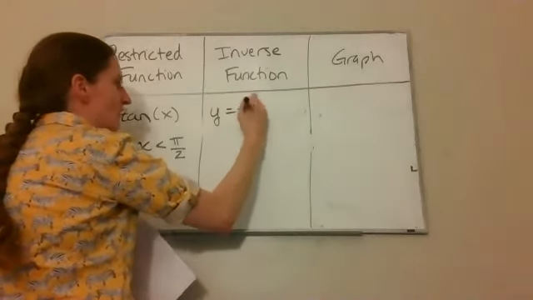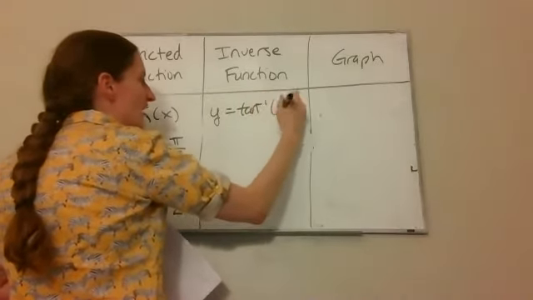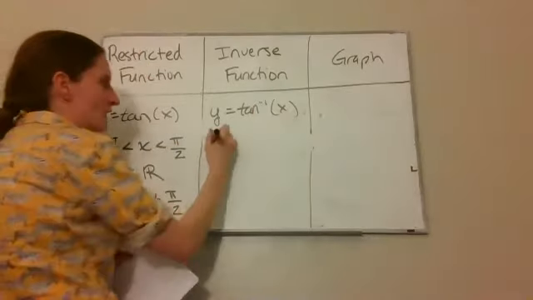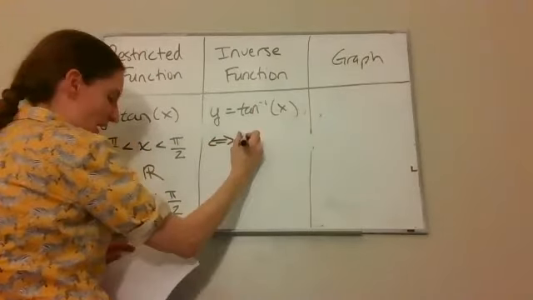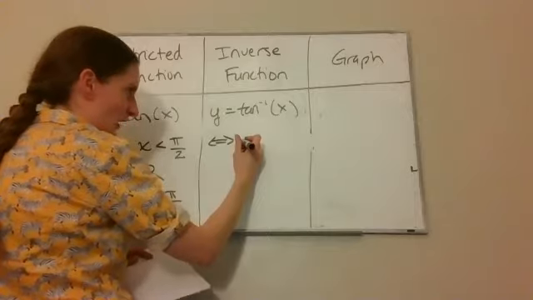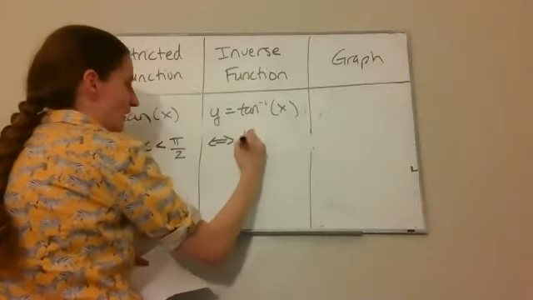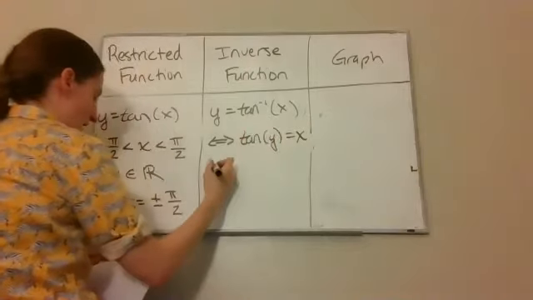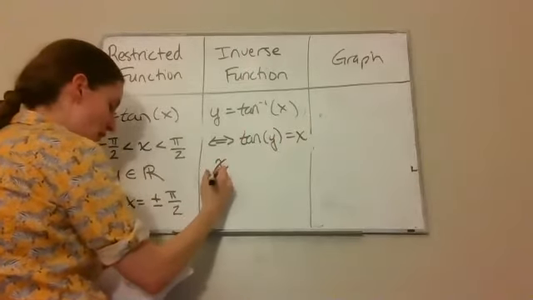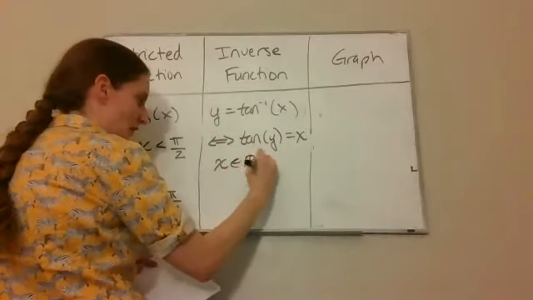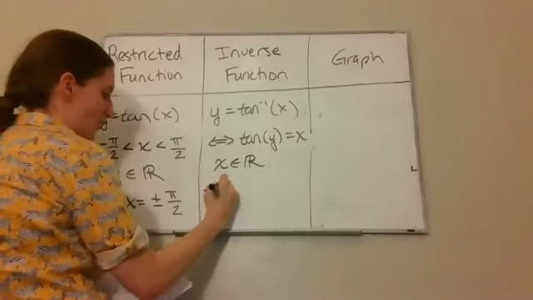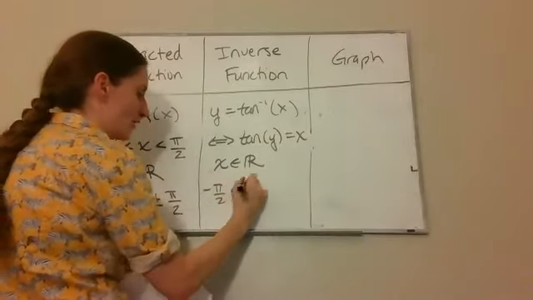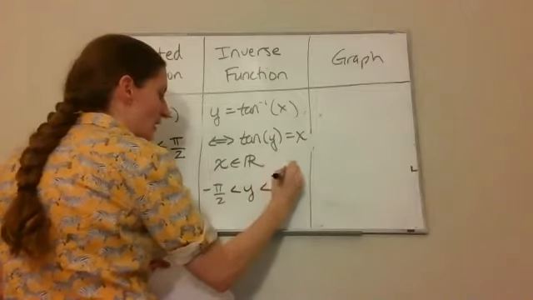Then my inverse tangent, tan inverse of x, or arctan of x, is defined as y equals tangent inverse of x if and only if the tangent of y equals x. My x value, my input, is any real number, and my output is between negative pi over 2 and pi over 2.